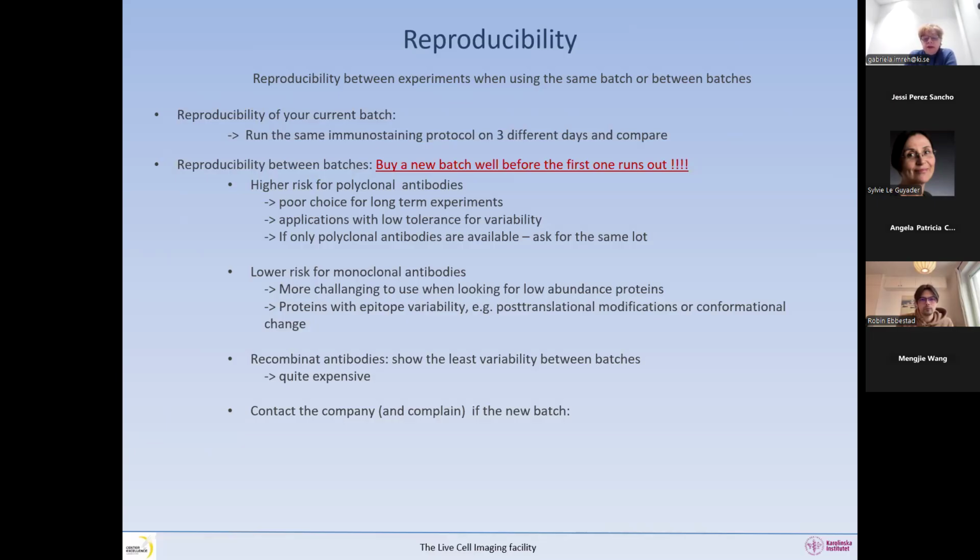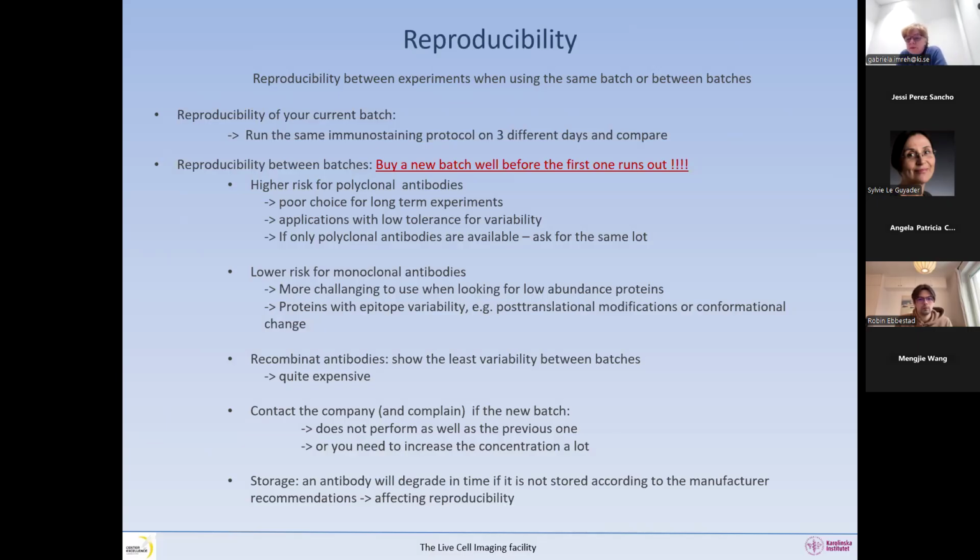Always contact the company and actually complain if, for example, the new batch does not perform obviously as well as the previous one, or you need to increase or change far too many things in your protocol to actually get the same signal.